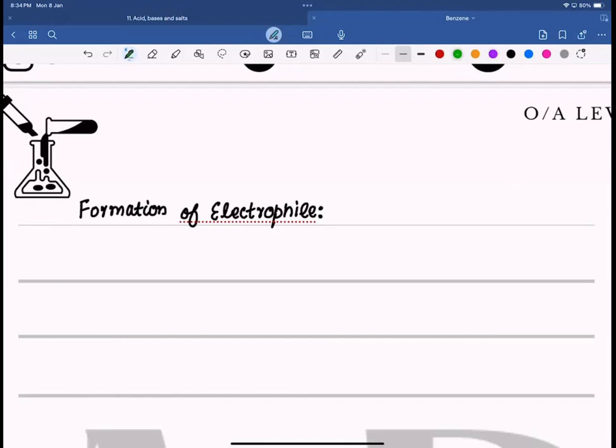We have a catalyst. The catalyst is anhydrous aluminium chloride. What is special about this aluminium chloride, or what is special about aluminium bromide? Yes, Kubra, can you recall? Yes, Hassan, can you recall? Very good. These are electron deficient.